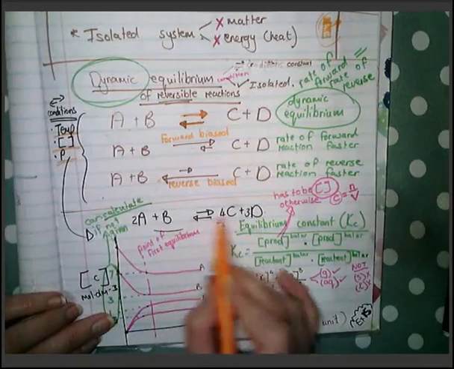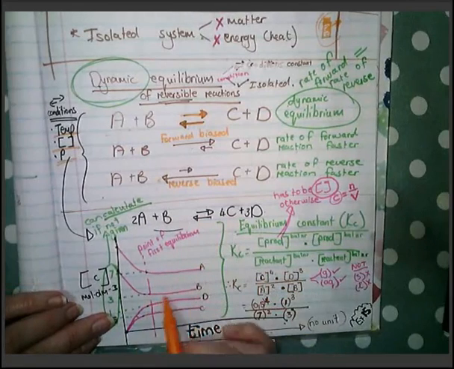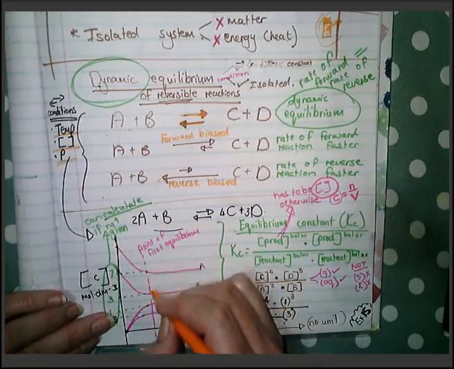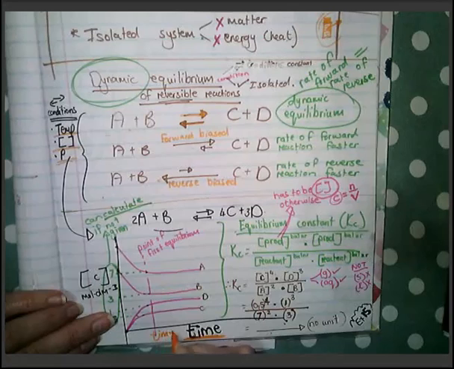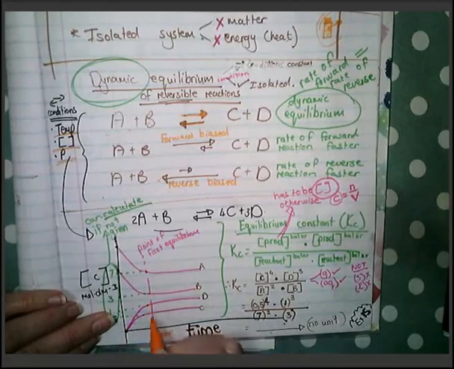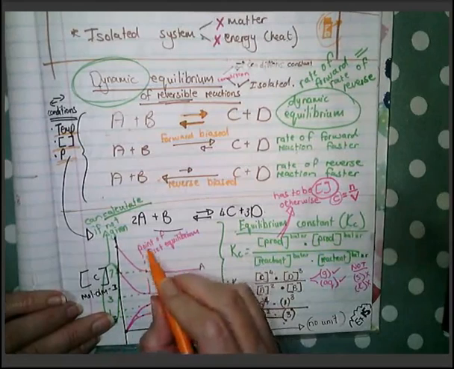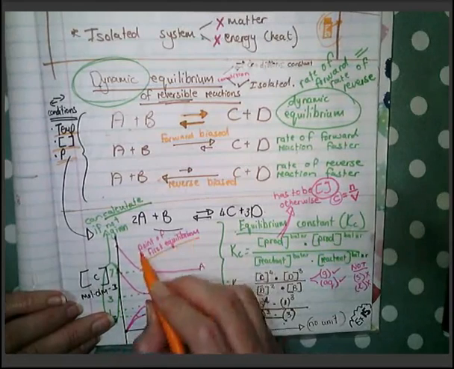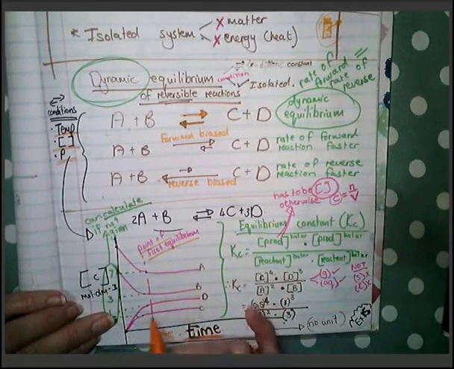The reactions are taking place the whole time, but their concentrations now remain constant. And the moment this happens on the time axis here, that time that they start having constant concentrations, that we call the point of first equilibrium. So now equilibrium has formed.